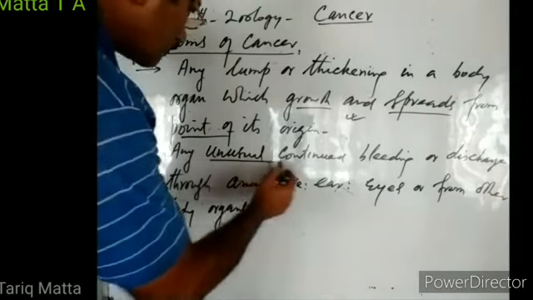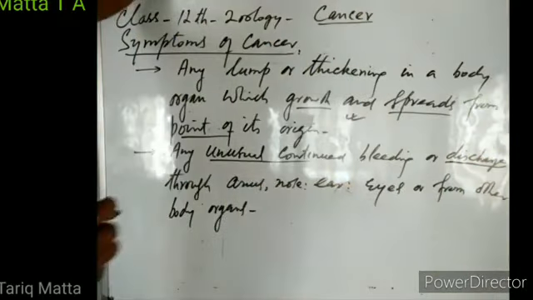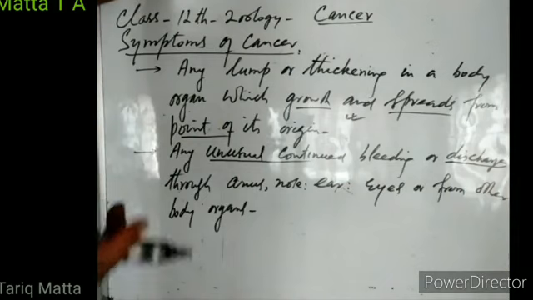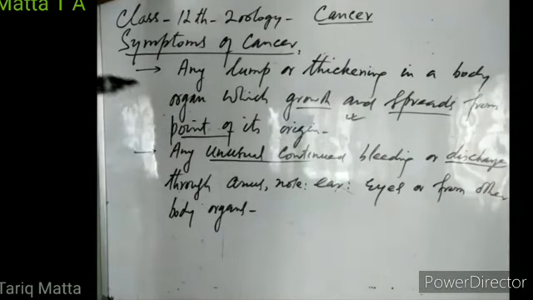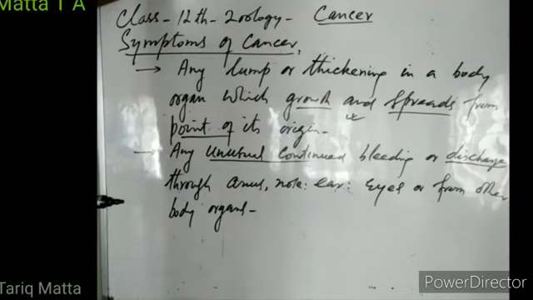So any such unusual bleeding or discharge, there may be discharge of pus, there may be discharge of other fluids, which is happening continuously, through anus, nose, eye, ear, or from other body organs or tissue, that may also be a symptom of cancer, right? That discharge or bleeding should not be taken lightly. One should get evaluated immediately for the cause of this discharge or bleeding, right? So that may be a symptom of cancer.